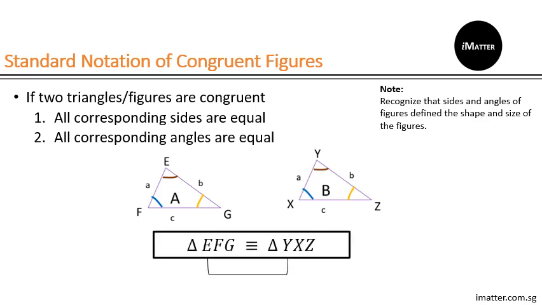In this case, the standard notation is as follows, where vertex E will follow vertex Y, vertex F will follow vertex X, and vertex G will follow vertex Z. Note that a triple line is used instead of the normal equal sign used in mathematical operations. This sign is used to denote congruency.